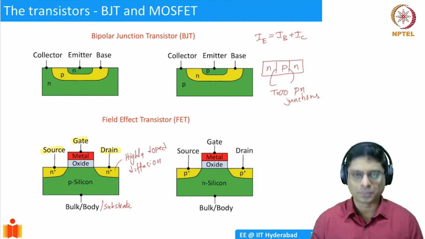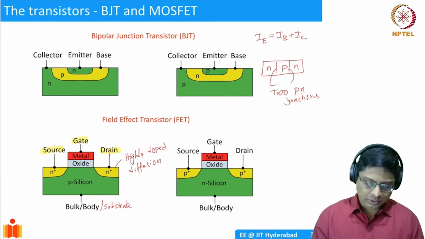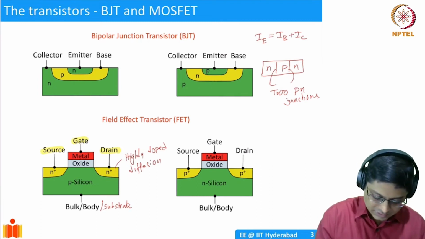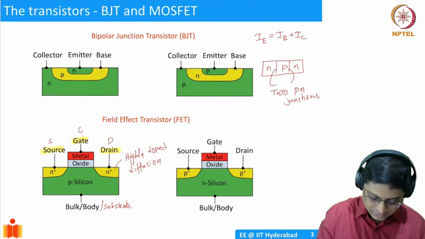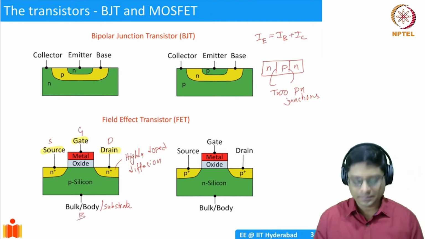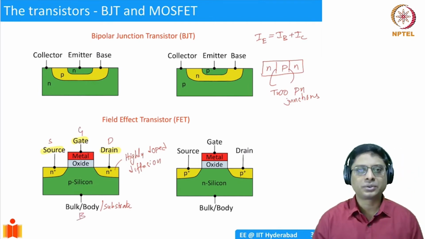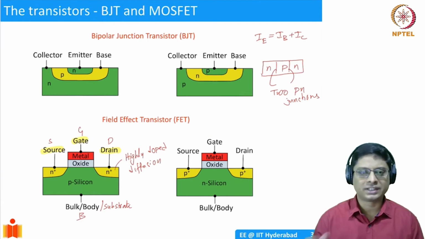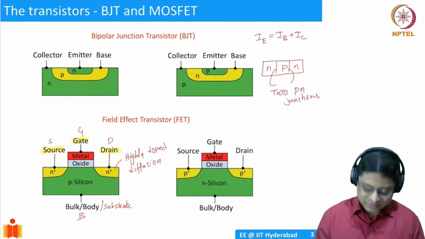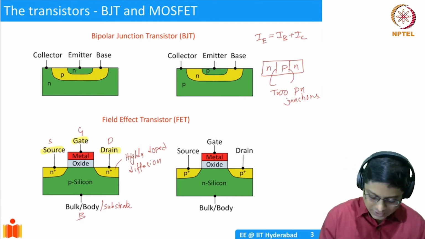So we use bulk or body typically. So this is the D terminal, drain, source, gate, and bulk. We apply various voltages to these four terminals, and that leads to some effects. This configuration is called a MOSFET.